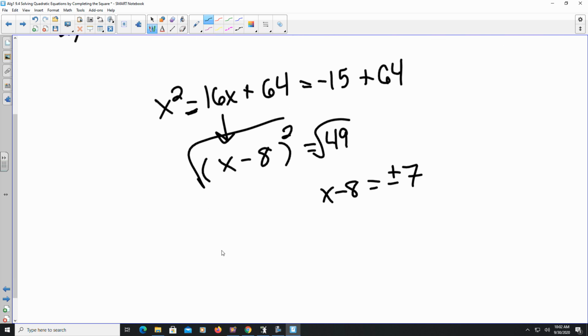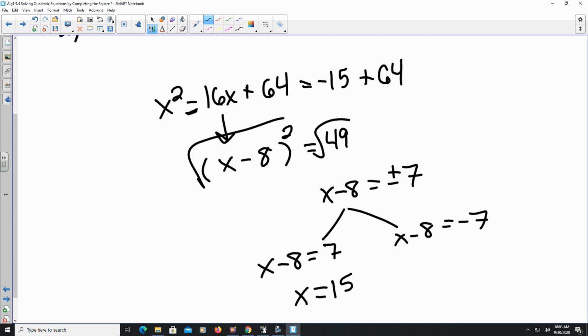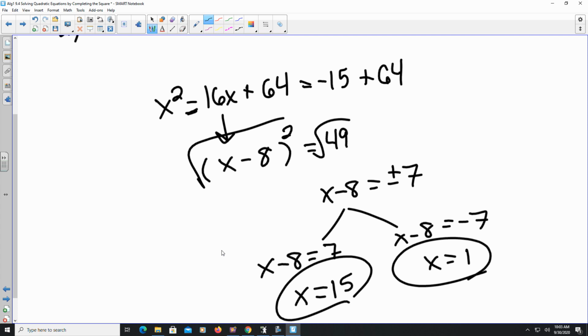So now I know this has two x-intercepts, and I get to break this up into two separate equations. x minus 8 is equal to positive 7, and x minus 8 is equal to negative 7. Adding 8 to both sides, x equals 15 and x equals 1. So 1 comma 0 is my x-intercept, and 15 comma 0 is my other x-intercept.